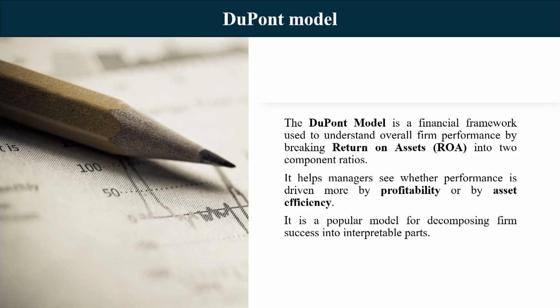The DuPont model is a financial framework used to understand overall firm performance by breaking the return on asset into two component ratios. It helps managers see whether the performance is driven more by profitability, more by a relationship between sales and cost, or more by asset efficiency.